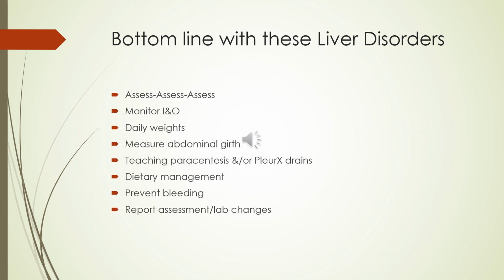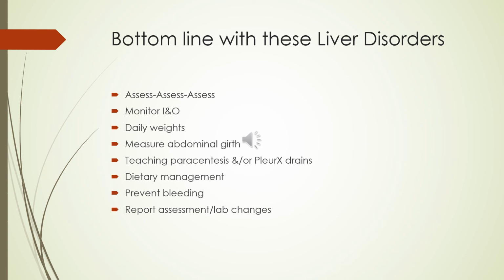So the bottom line with any of these liver disorders is we need to assess, and assess. We have to monitor our intake and output, making sure our kidneys continue to function. We need to maintain daily weight so that we can pick up on any weight gain early and identify issues.